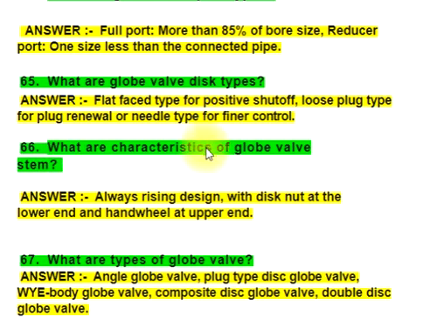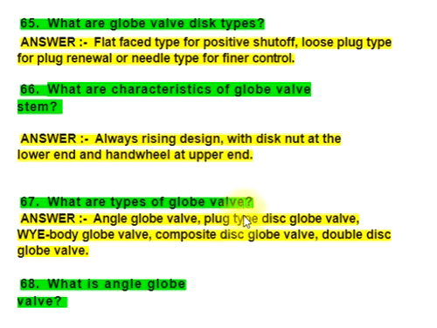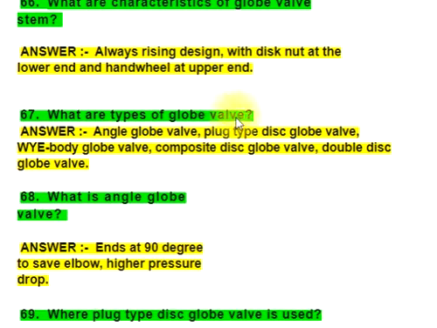What are characteristics of globe valve stem? Answer: always rising design, with disc nut at the lower end and handwheel at upper end. 67. What are types of globe valve? Answer: angle globe valve, plug type disc globe valve, Y-body globe valve, composite disc globe valve, double disc globe valve.